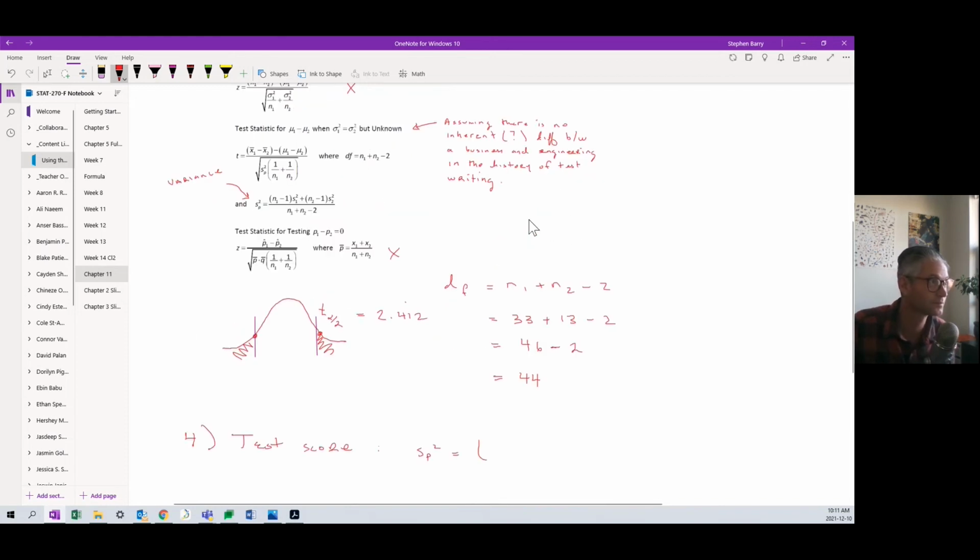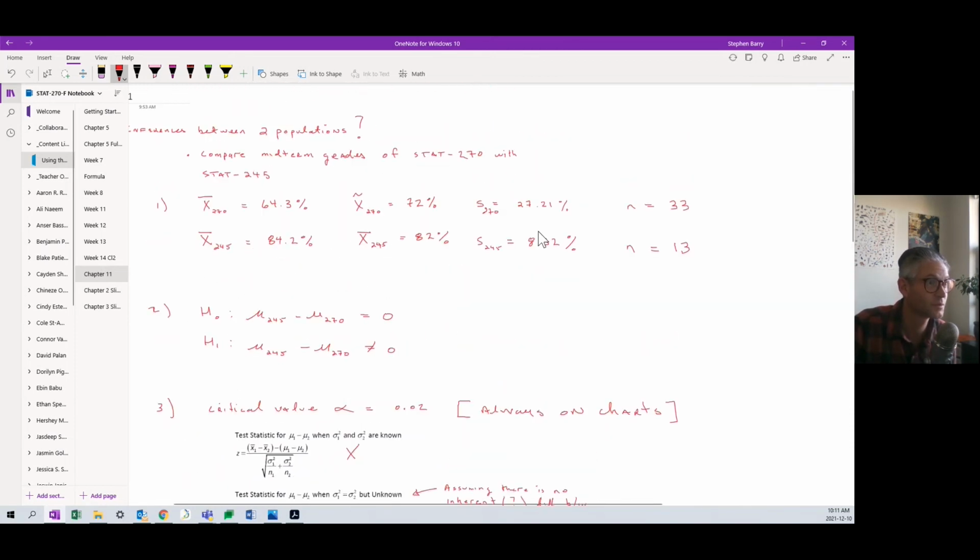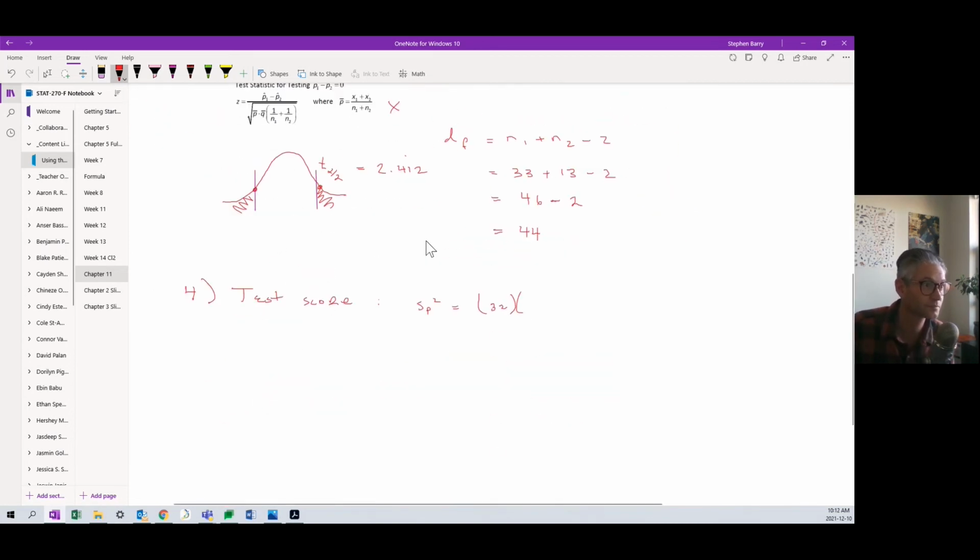So 32 times their standard deviation, or their variance I guess, which would be 27.21. Let's pretend the scores are out of 100.